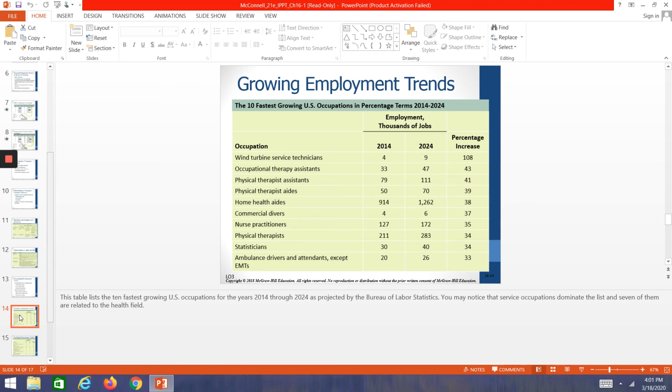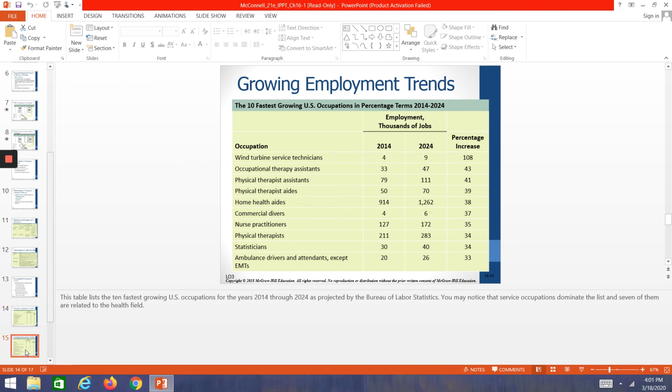But there's some others listed there. Wind turbine service technicians. If we're going to more windmills, we're going to need more people to work on them. Probably the same goes for solar. Next to the bottom, statisticians. Business is still very important, and we still need statisticians and accountants and those kinds of jobs as well.